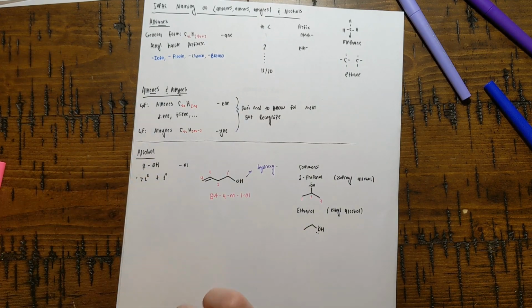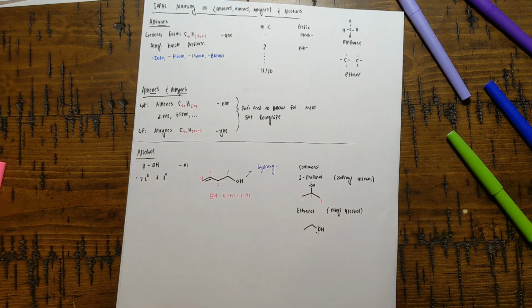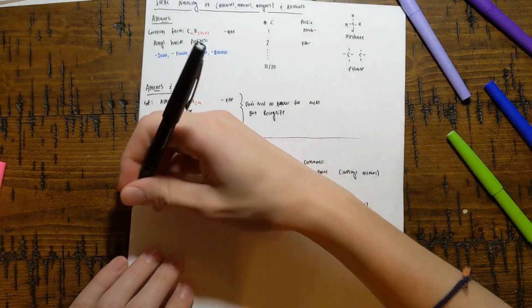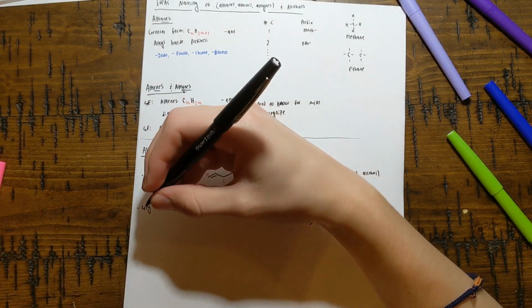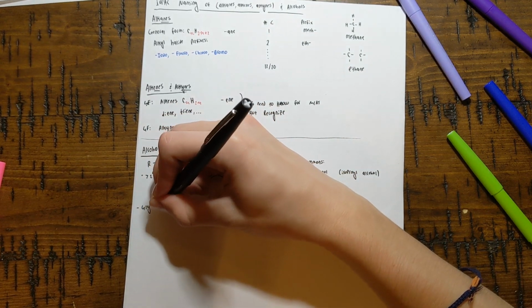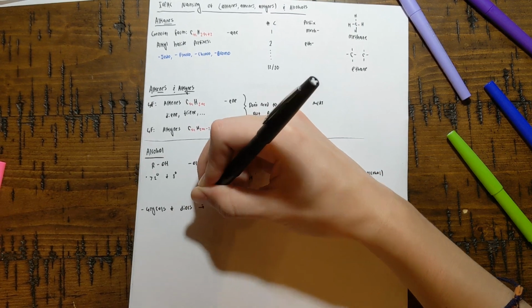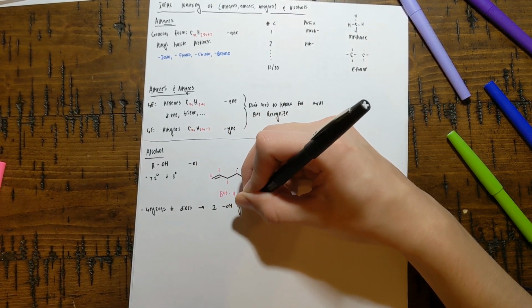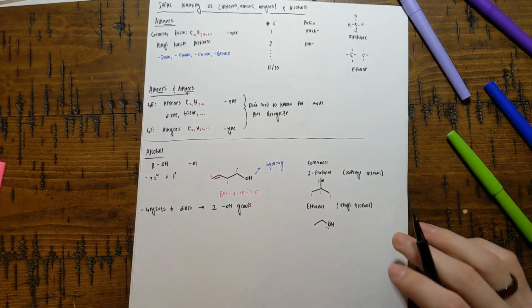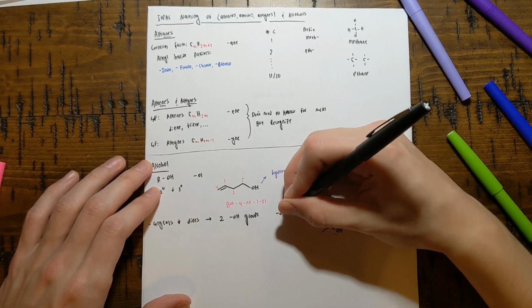And one other thing about alcohols is that if you have multiple alcohols, these are known as glycols and diols. So there are 2 hydroxyl groups. These are signified with the suffix diol.